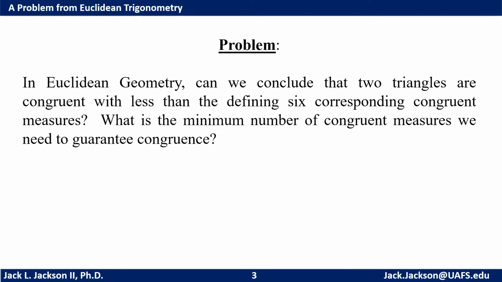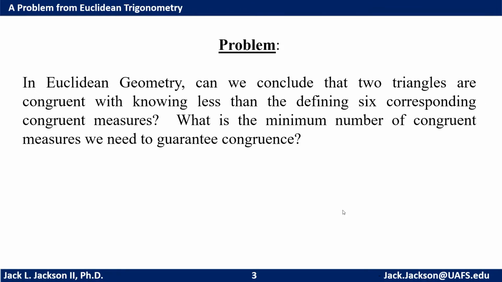Can we conclude that two triangles are congruent with less than the defining six corresponding congruent measures known? And what is the minimum number of congruent measures we need to guarantee congruence?